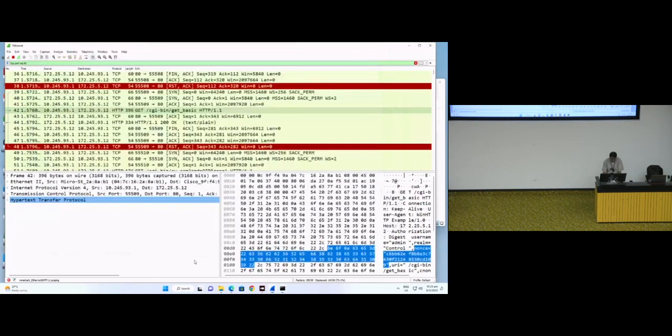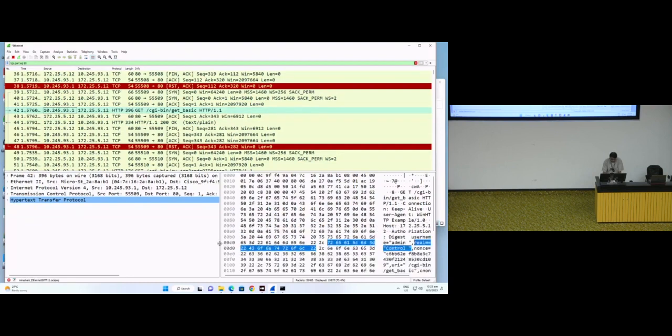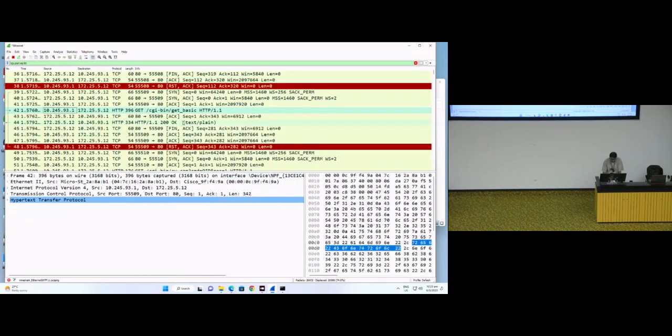And I'm sending a packet to 172.25.5.12. And if you look at what that packet is, it's an HTTP packet. This is the hypertext transfer protocol. This is a protocol that sits at the application layer, and it's what you use to transfer data, to surf the web.